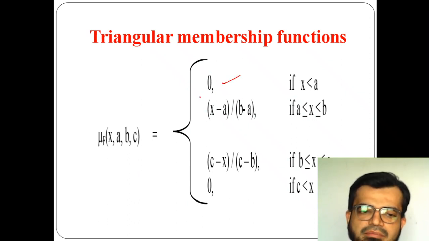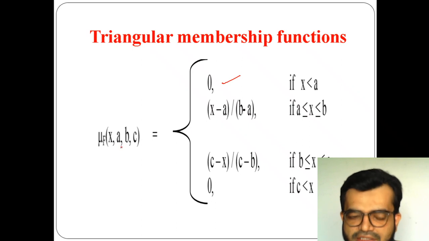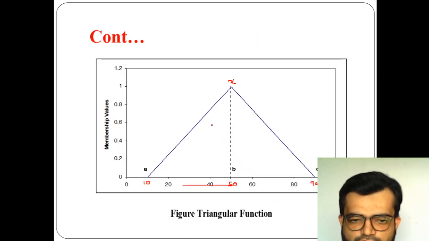Triangular membership function. So what set values have we taken? A, B, C, and upon x we are performing the calculation; x is the value we take in. Now how do we calculate the range between A to B?